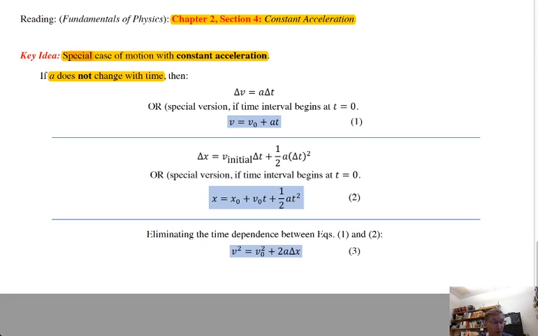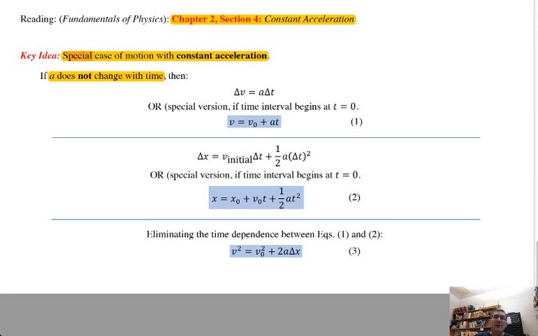The problem doesn't tell you. You have to be able to figure it out from the situation. But nevertheless, one way or another, let's imagine that you know that a particle is moving with constant acceleration. Then there's a set of equations that you can use that will help you study that motion. I'm going to show them to you now, and we will spend class time practicing with them.